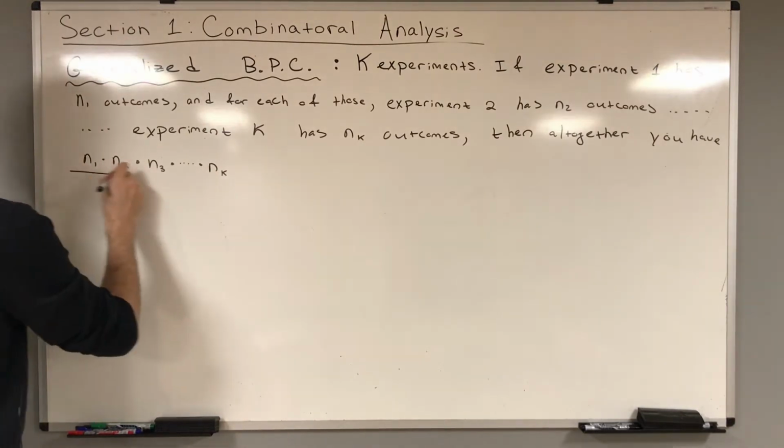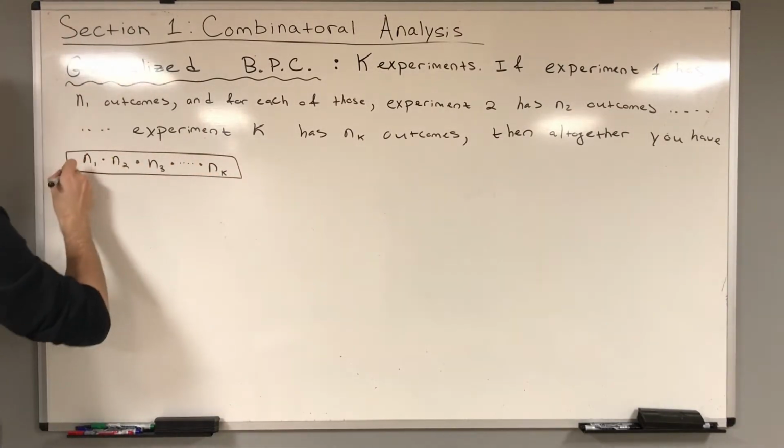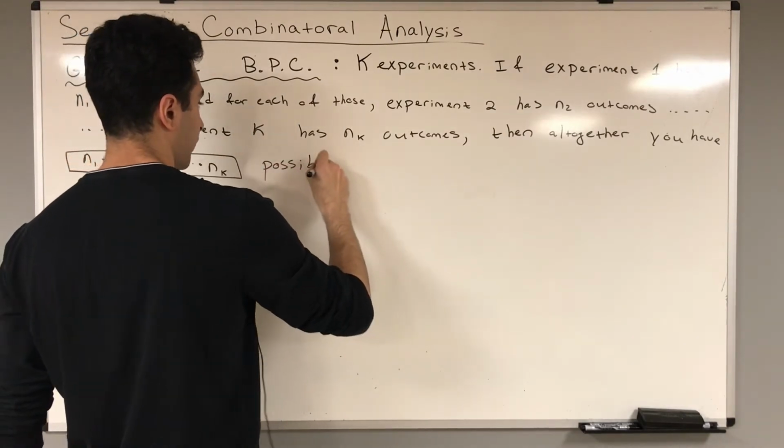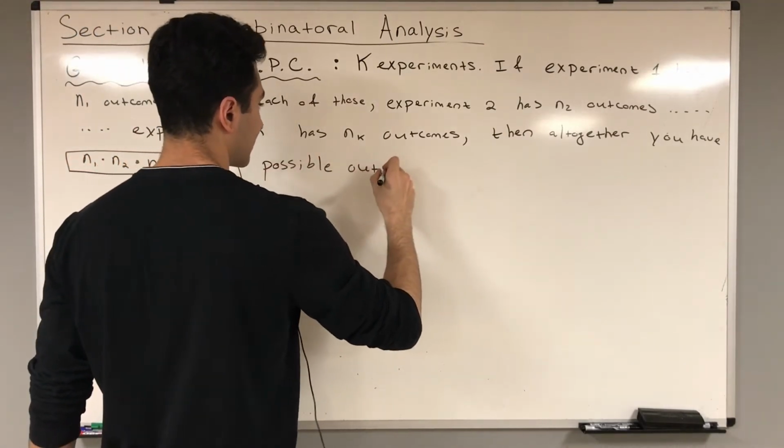Okay, so this is how many possible outcomes you have for k experiments.